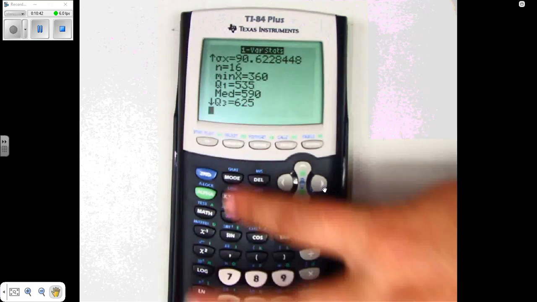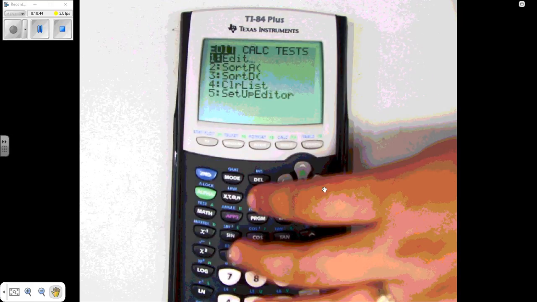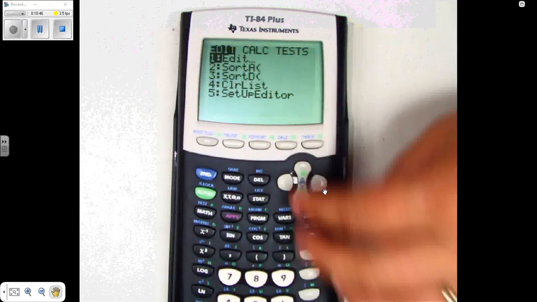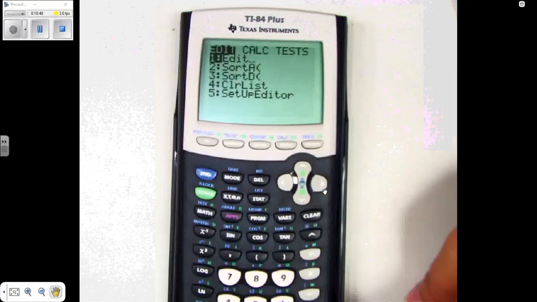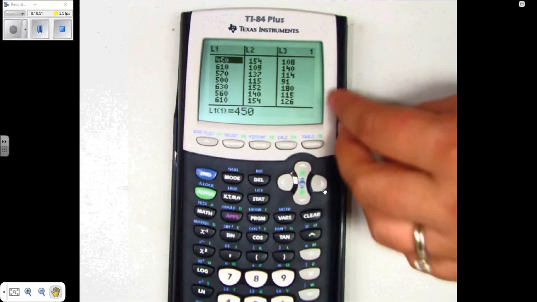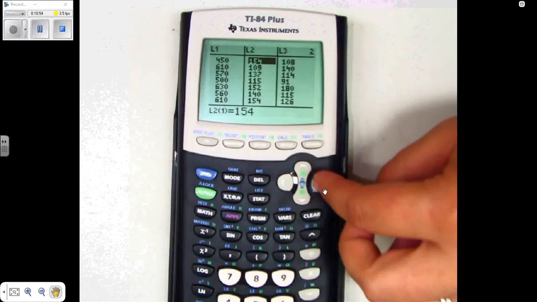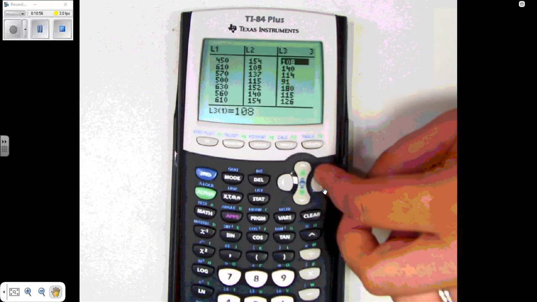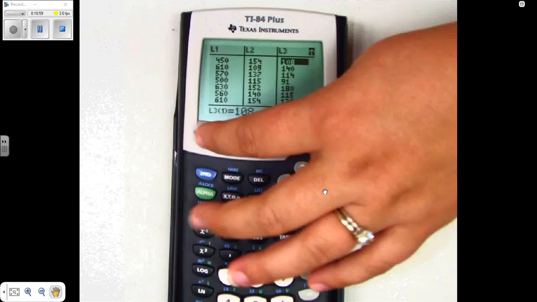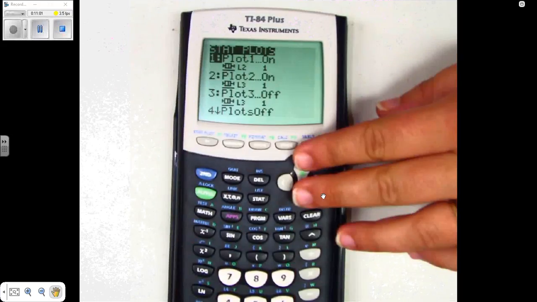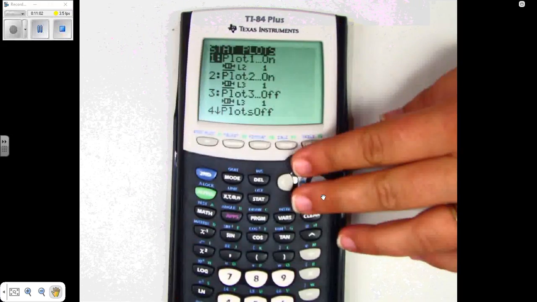First, I entered the data into list 2 and 3. List 2 has the data for the women. List 3 has the data for the men. So I'm going to go into stat plot. And you see that I've turned on the stat plots for 1 and 2.